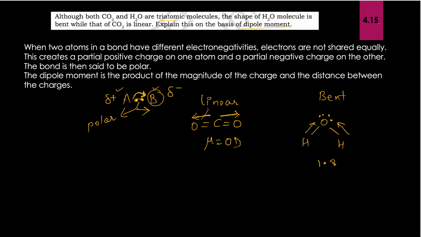The dipole moment is going to be 1.84. And for this to happen, you cannot have a 0. 0 is when it is pulled away from the central atom, but here it's moving towards the central atom, and for that particular dipole to happen, this structure should have a bent shape. Okay, this is an important factor.